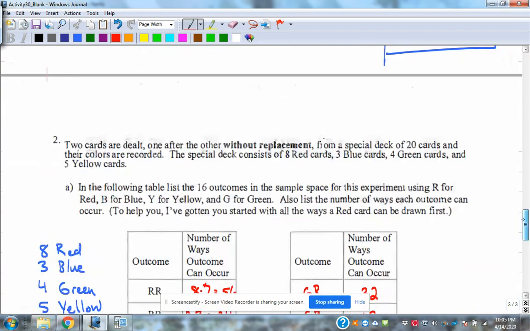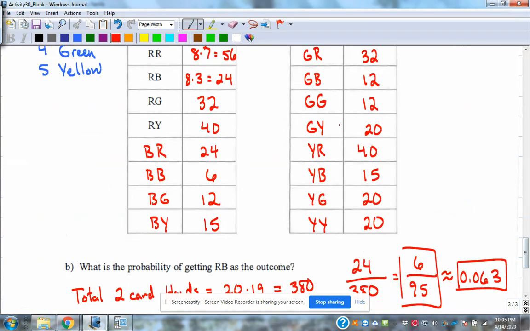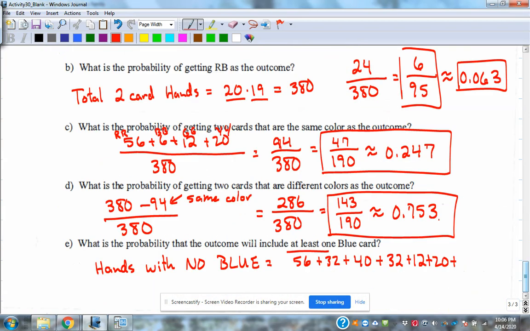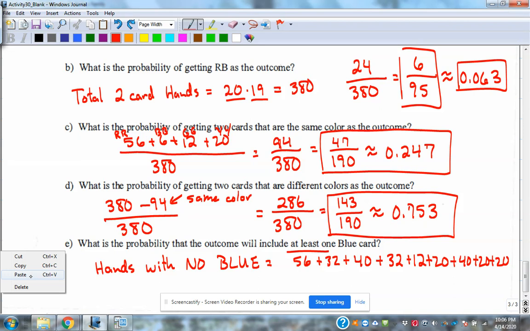Plus yellow hand first, so 40, 20, 20. Adding all of those up is what we're going to do there.